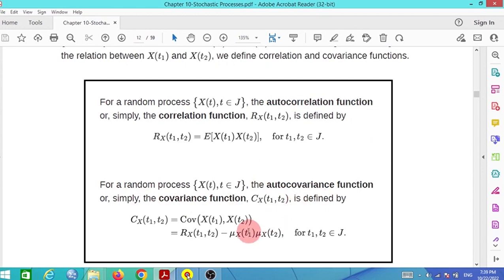Another case: for a random process xt, the autocovariance function, or simply the autocovariance function, denoted by C_x(t1, t2), is defined by this notation.